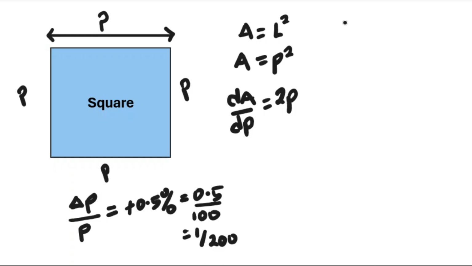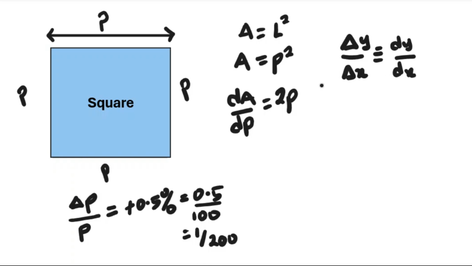So now let's come back here. We will now apply the general formula for approximation. In this case, we have dA/dP. Let me use the same format that I used. The formula I gave you was delta y over delta x is approximately equal to dy/dx.